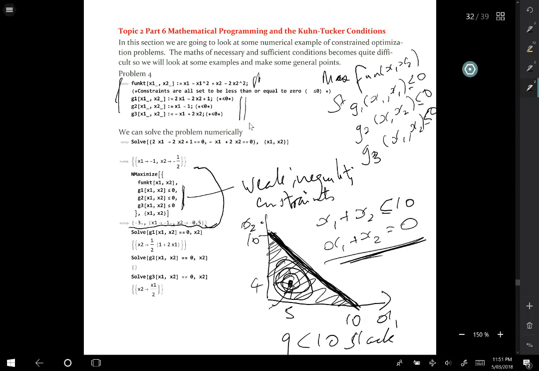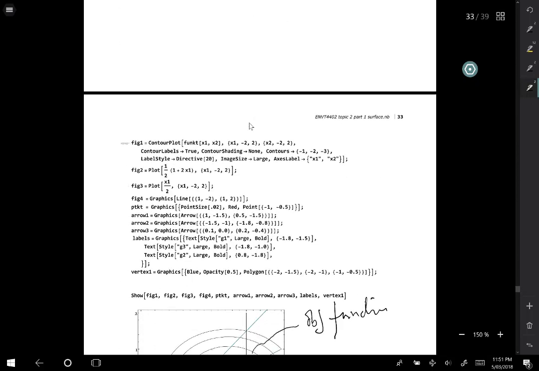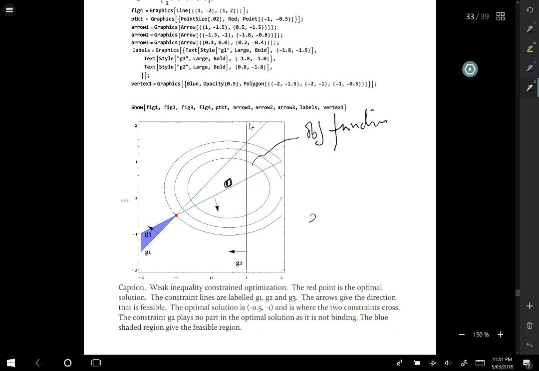So if we have a look at G2, G2 is x1 minus 1 has to be less than or equal to 0. So that's saying that x1 has to be less than 1, and so anything to the left of there is going to be okay because it's a weak inequality there.